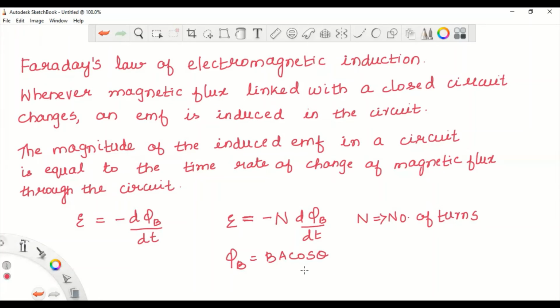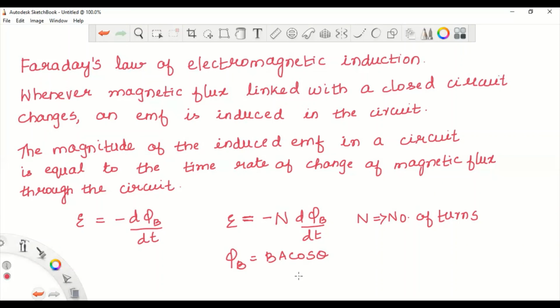The flux changed by varying B is also possible. The flux can also be altered by changing the shape of the coil in a magnetic field, or rotating a coil in a magnetic field such that the angle theta between B and A changes.